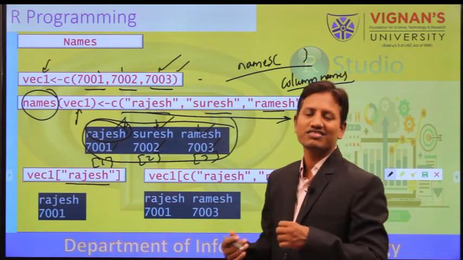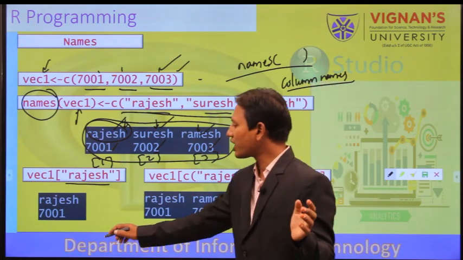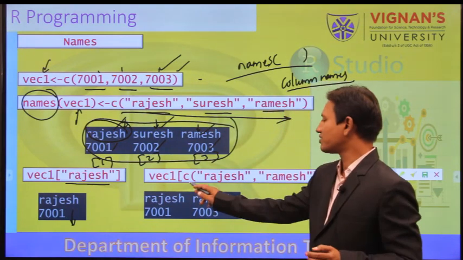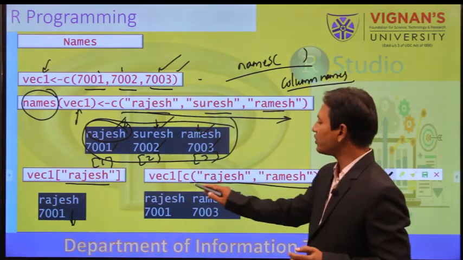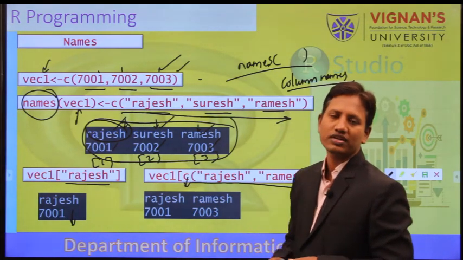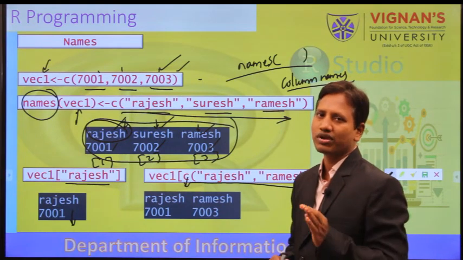Now we have passed the string itself, that is, a name. So we got this object. If I pass more than one value, I need to use the vector form, that is the c function. This is an essential point you have to remember.